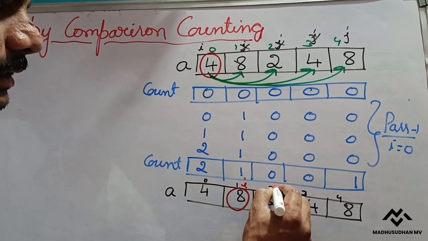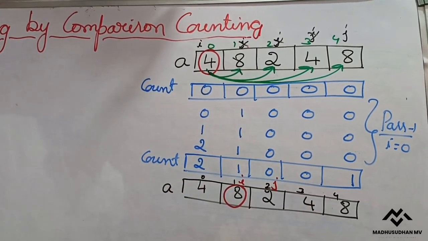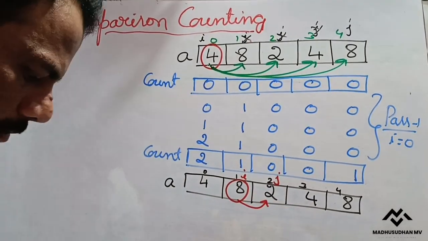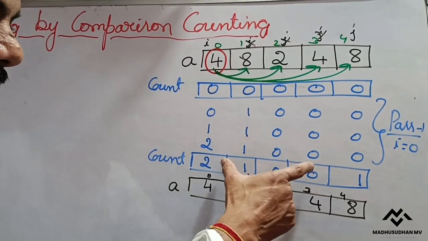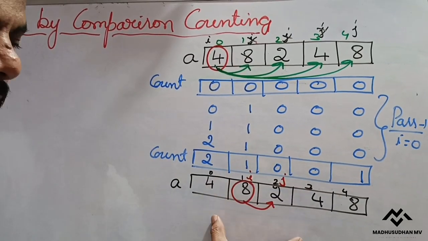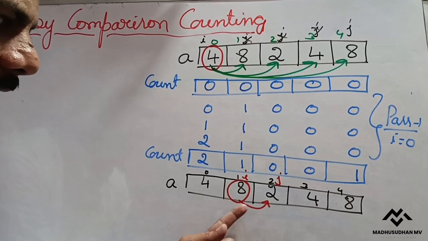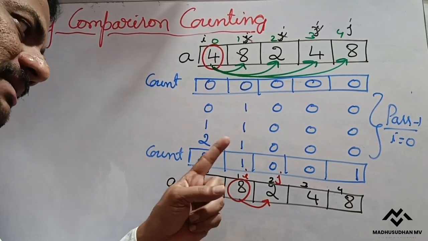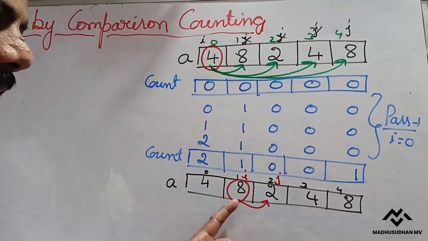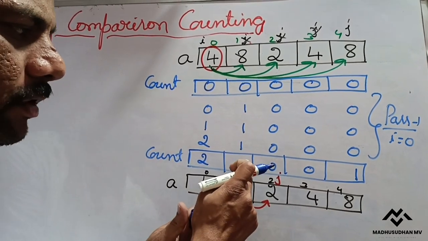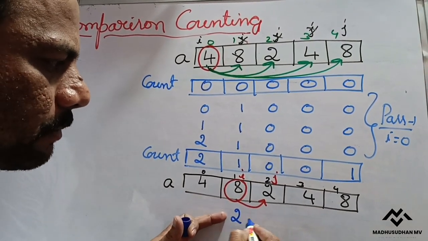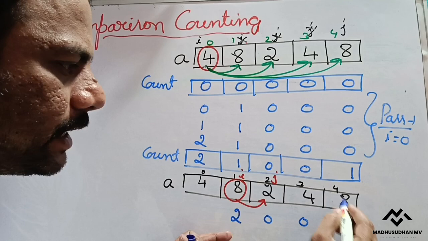So this is my i and this is my j. First I compared these two elements, and the previous count will continue. Now, is 8 less than 2? False, that means 8 is greater, so I'm incrementing the 8 count. Earlier the 8 count was 1, so incrementing it becomes 2, remaining counts as they are.